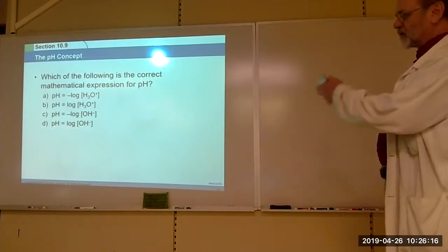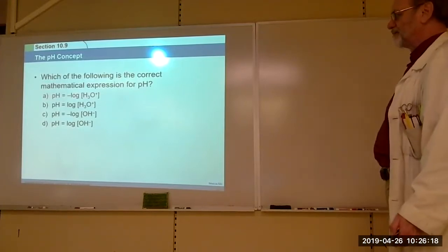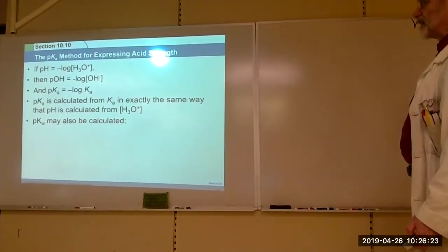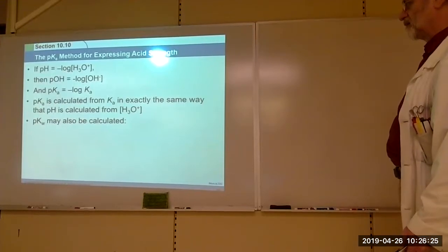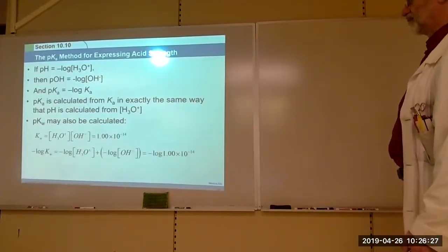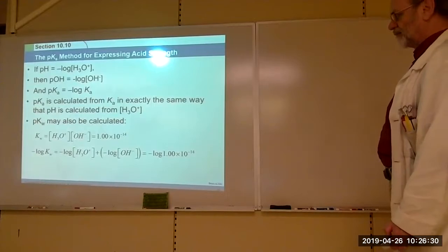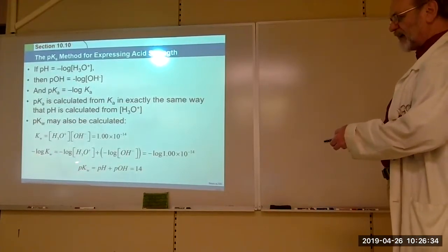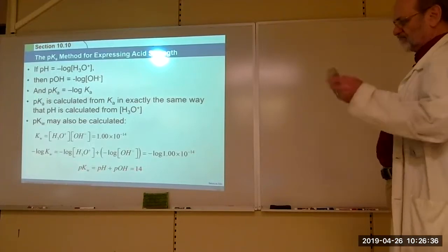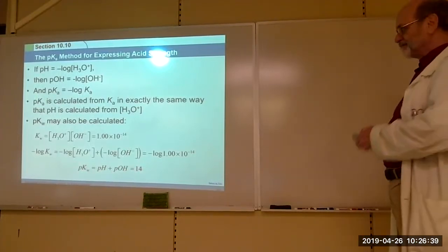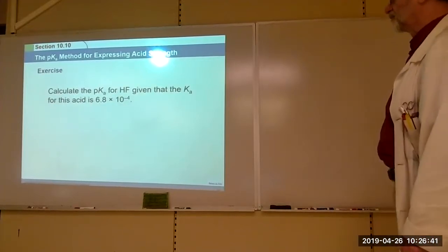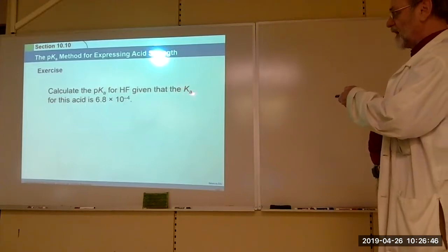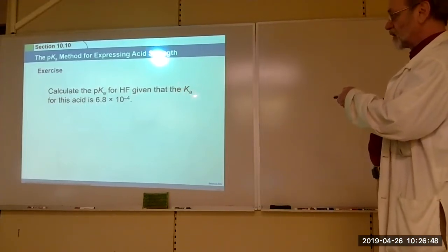Okay, so pH, there's the expression for pH. We did this already. So if you take the negative log of each one of these, just like I did on the board, pKw is always equal to 14. So here's the Ka, which is the acid dissociation constant.